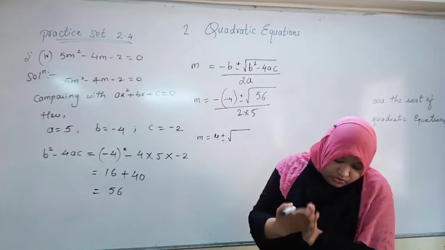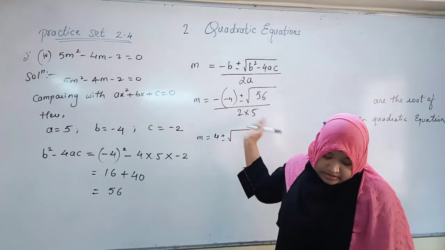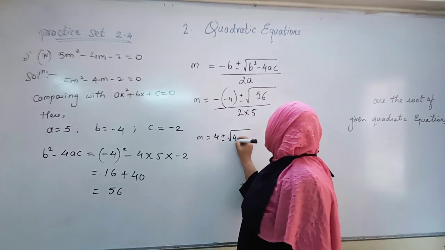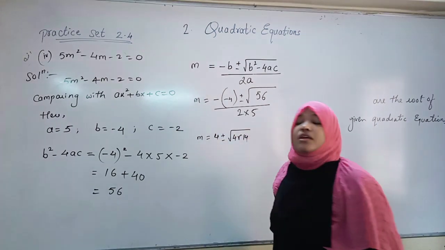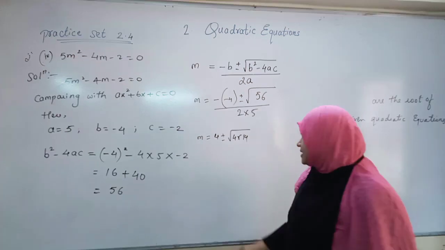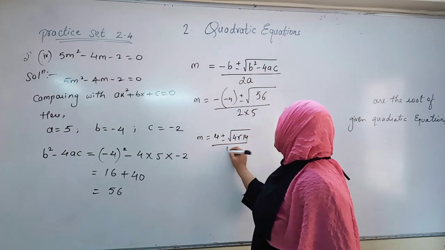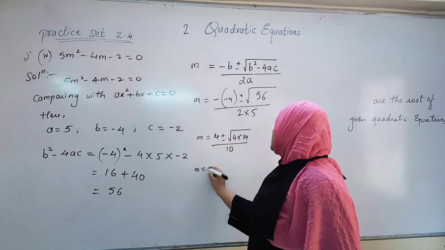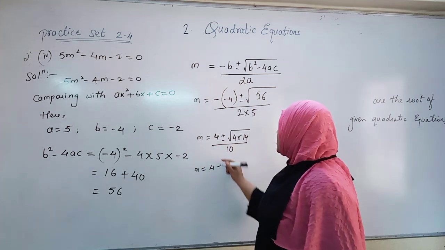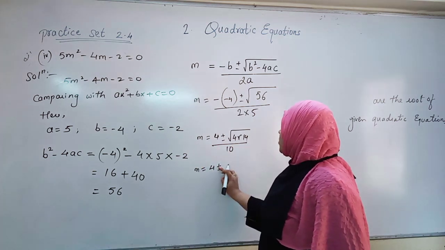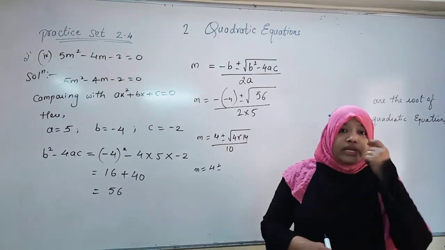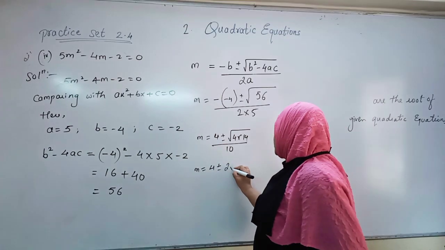Now we can do it by prime factors. We can make parts of this. So easily, 14 4s are 56, upon 2 5s are 10. m is equal to 4 plus minus. Now easily we can take out the square of 4, that is, square root of 4 is 2. So 2.